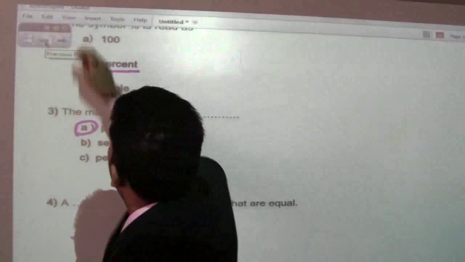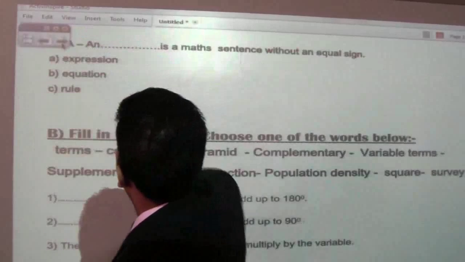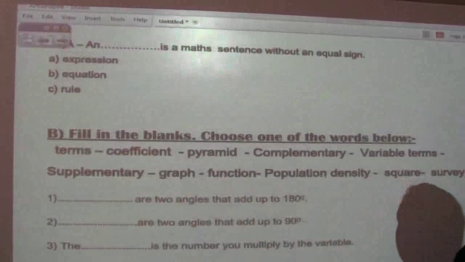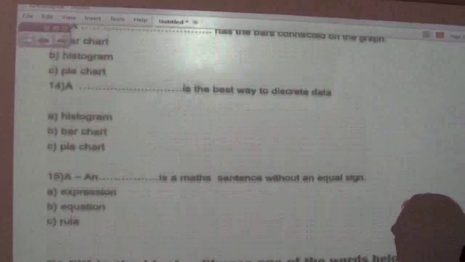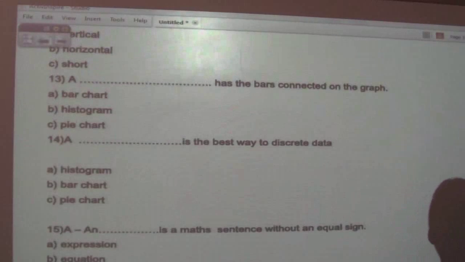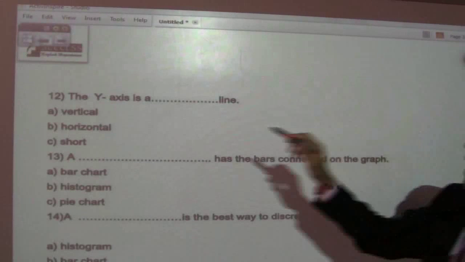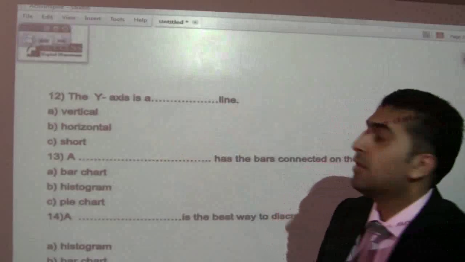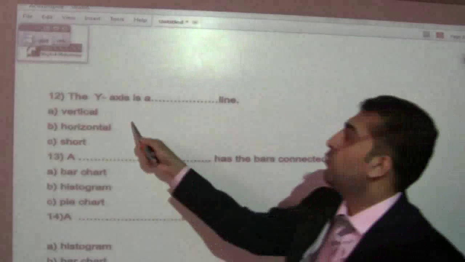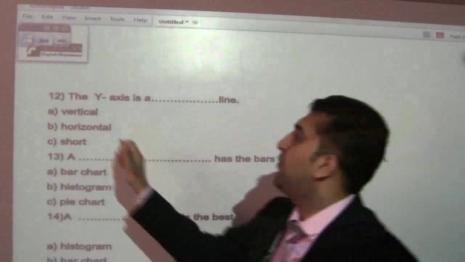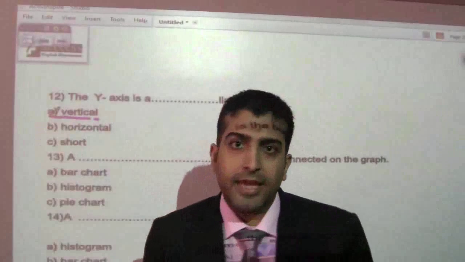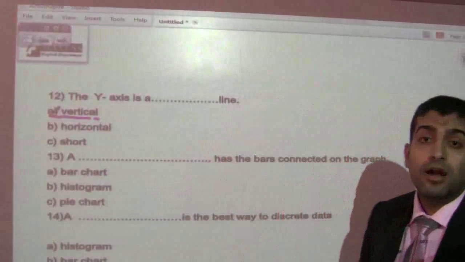After that, the y-axis is, yes, here the y-axis is vertical and the x-axis is horizontal.